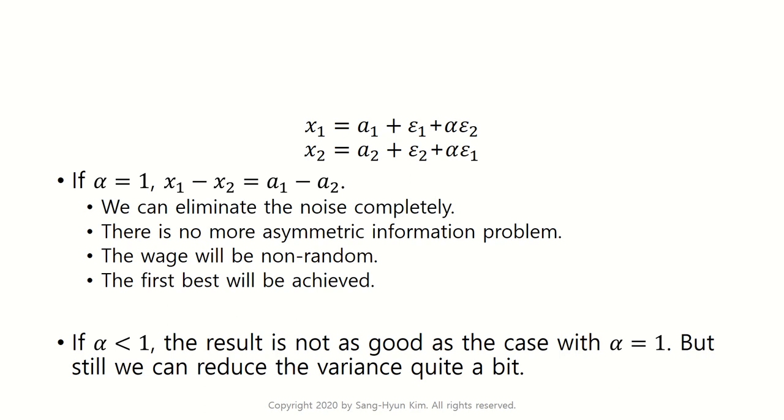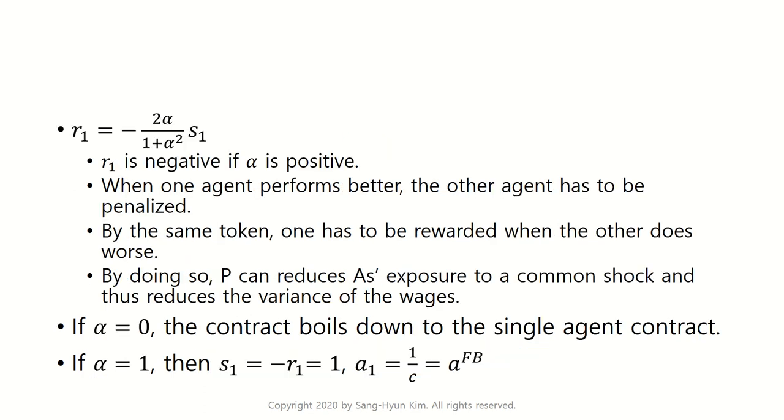Also I want you to notice that the wage is non-random. So the wage looks like t plus x1 minus x2. So let's go back to this. Look at the bottom.